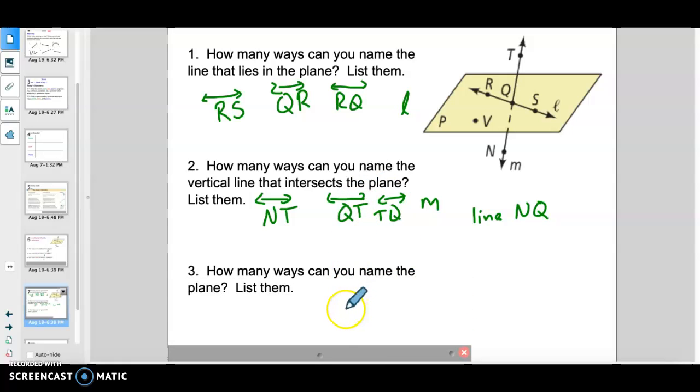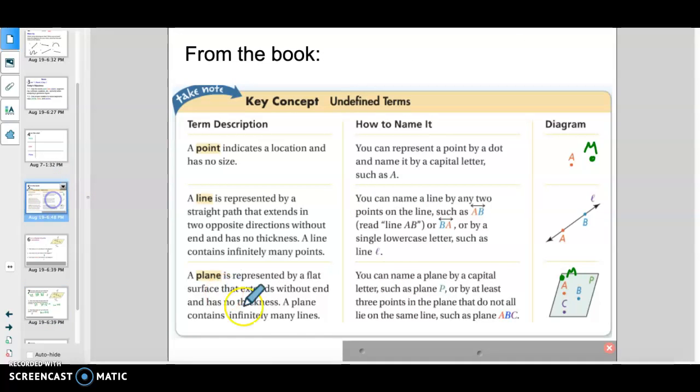And how many ways can you name the plane? The plane, first, you could name by the letter in the corner, so we could name it plane P. Or we could pick 3 points that do not lie on a line. We could do RVQ, so plane RVQ. If we go back to the definition, since this one doesn't have a symbol above it, you're just going to use the word plane in front of it.